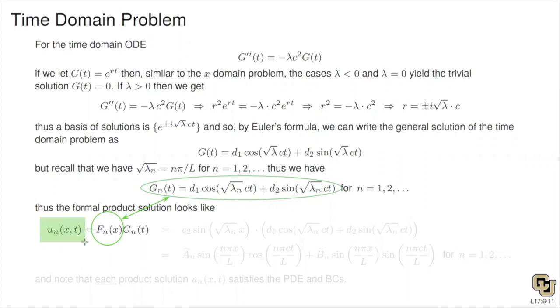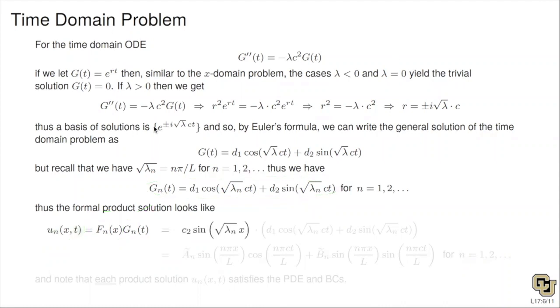At this stage, we've already found functions that satisfy the PDE and boundary condition. I think it's important to keep in mind that we've already found solutions, and that each one of these is a solution.